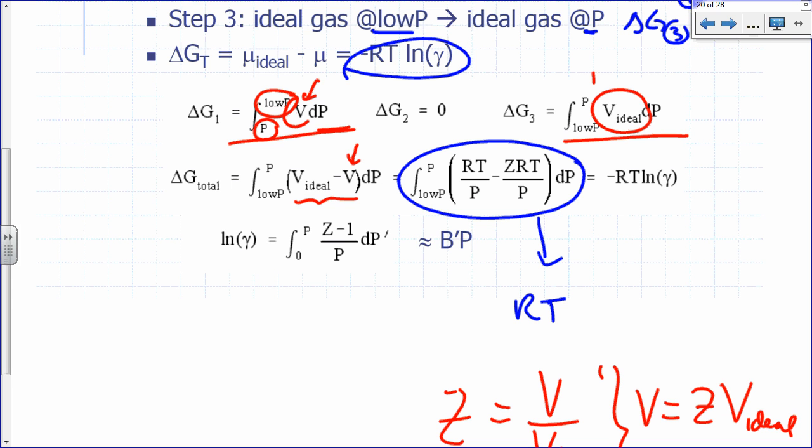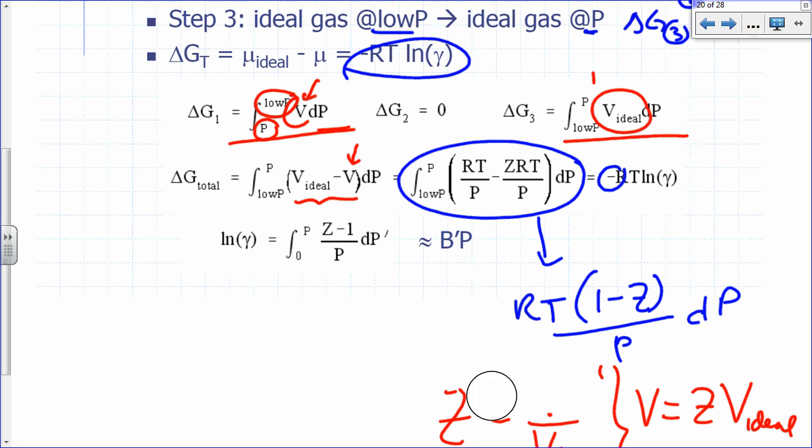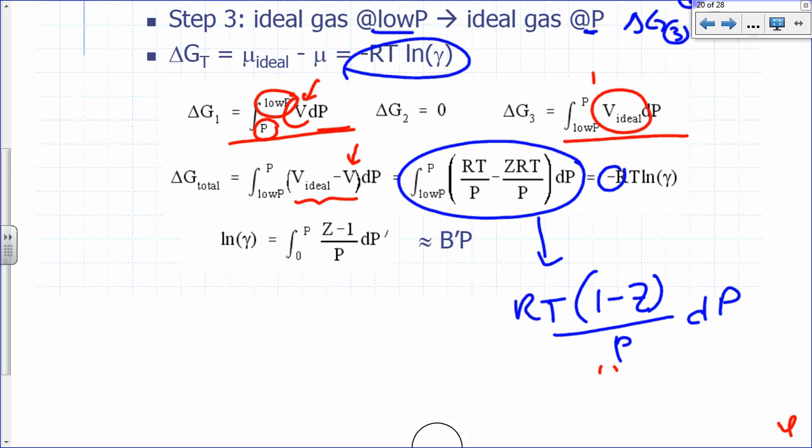And I'm going to take the negative of that, so that's going to be 1 minus Z over P dP. The integral of that is equal to negative RT ln gamma, and I can just get rid of the negative sign here.